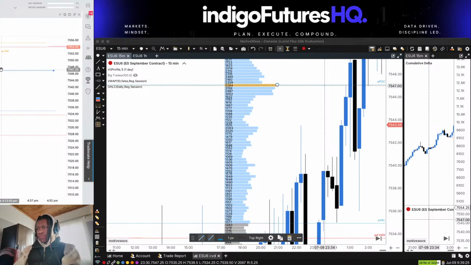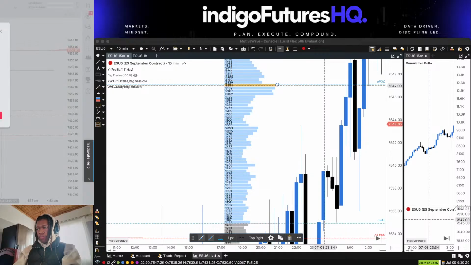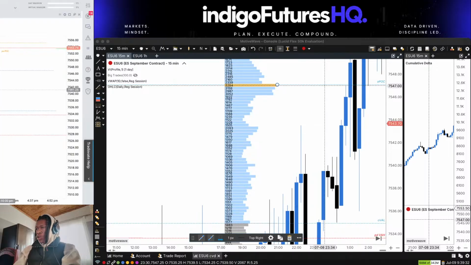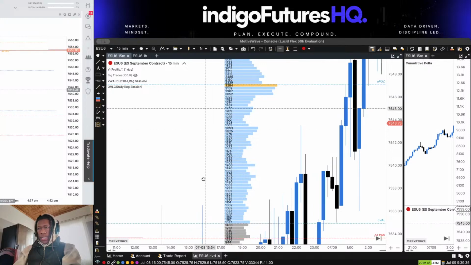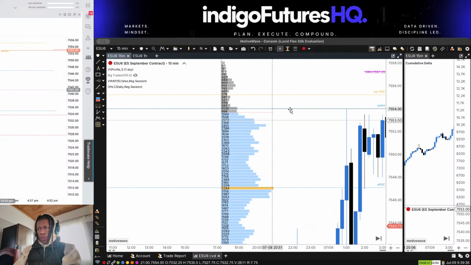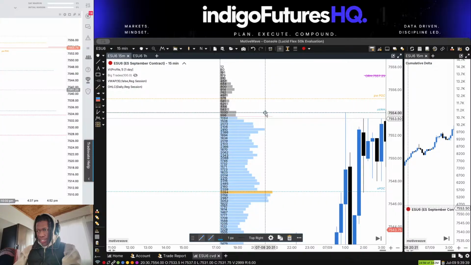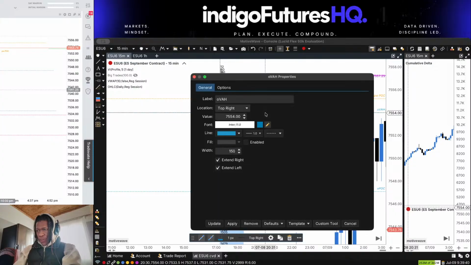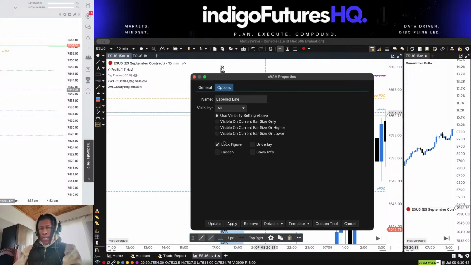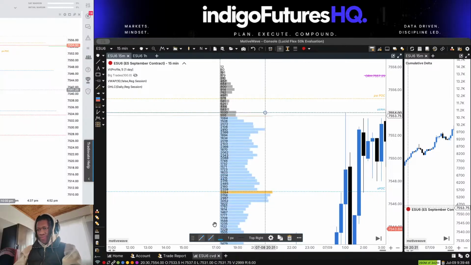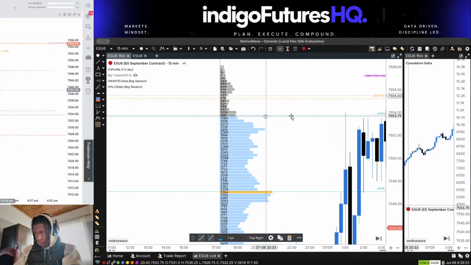Can only have it go one way. It's all good. And what are we doing? Overnight value area high. So much for we don't have to be accurate. I'm hella OCD, it would bother me.